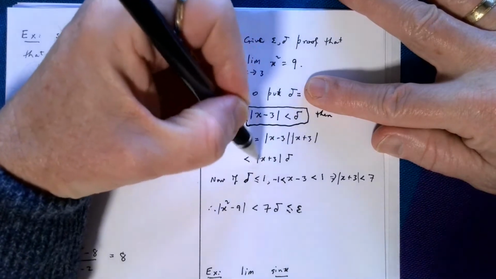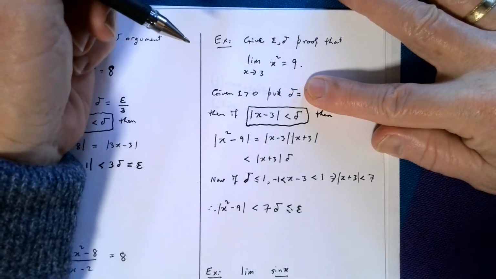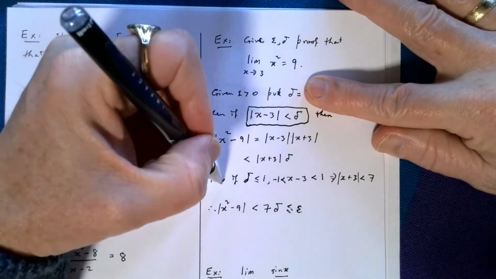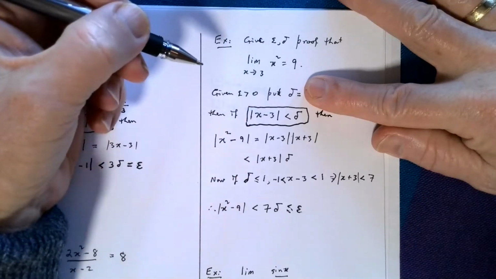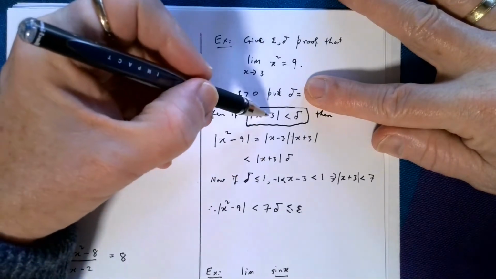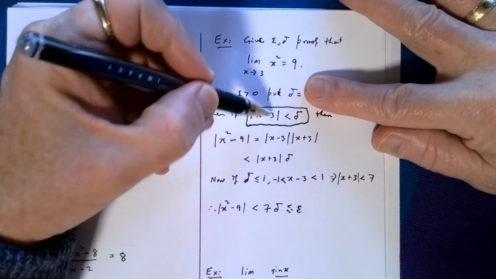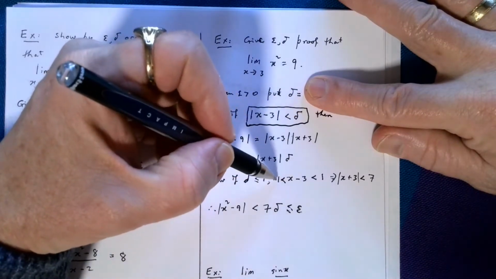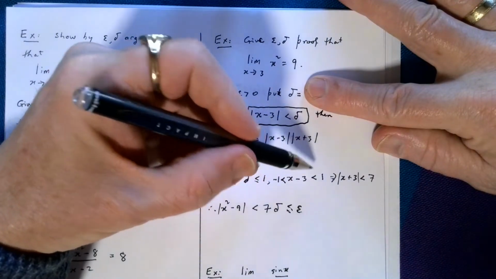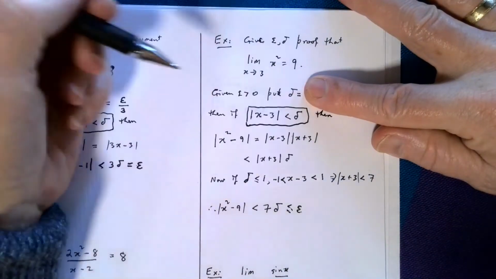Now we have to do something about this x plus 3. And so again, I'm going to say if delta is less than or equal to 1, then I can take this inequality here and I can expand it. So that's x minus 3 is bigger than minus 1, less than 1.